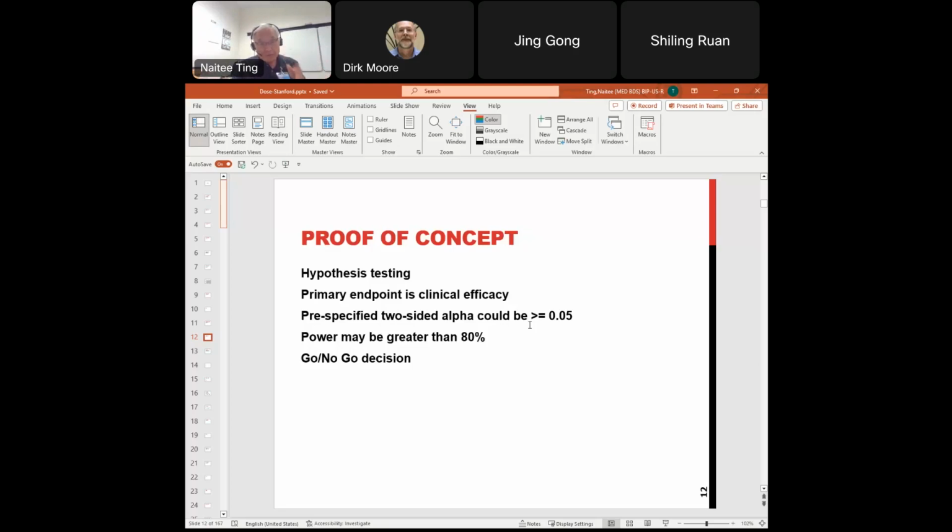We have to help with a clear go no go decision. The success is not a go decision. The success is not a no go decision. The success of a POC trial is that you can make a decision. So that's alpha and beta, and we want to come up with a clear go no go decision.